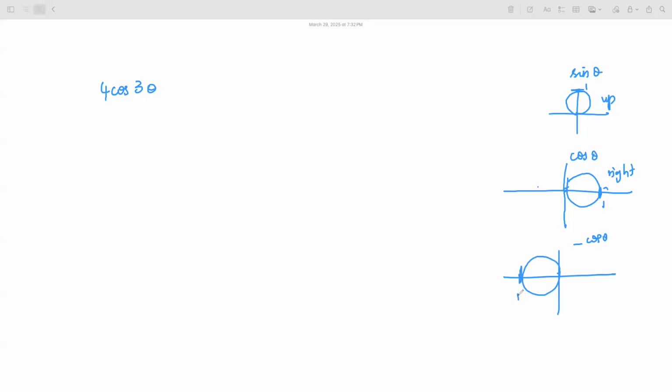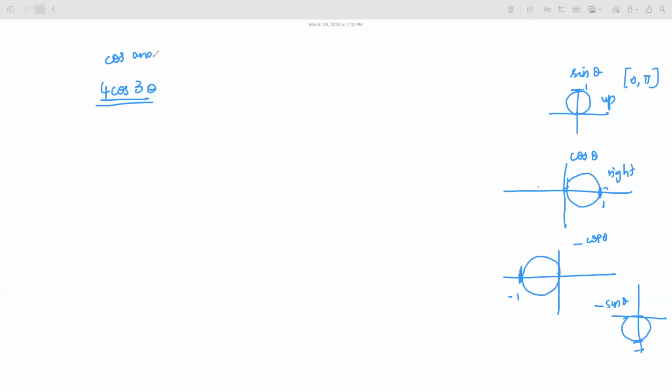Again, this would be minus 1. And then the last one is minus sine theta. That would be, I'm sorry, minus sine theta would be opening down. Right? This is minus 1. So all these have a cycle of 0 to pi. Any questions here?